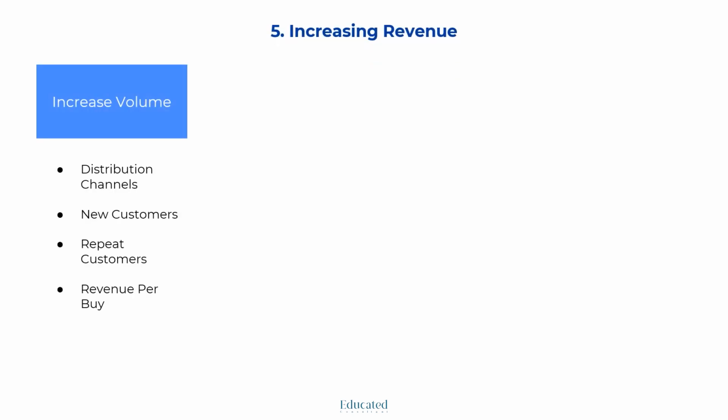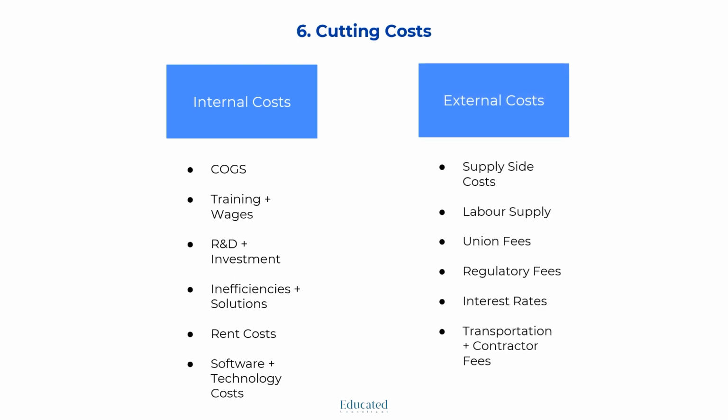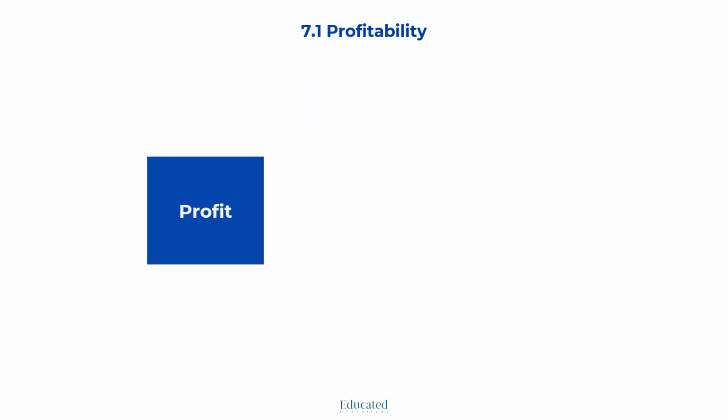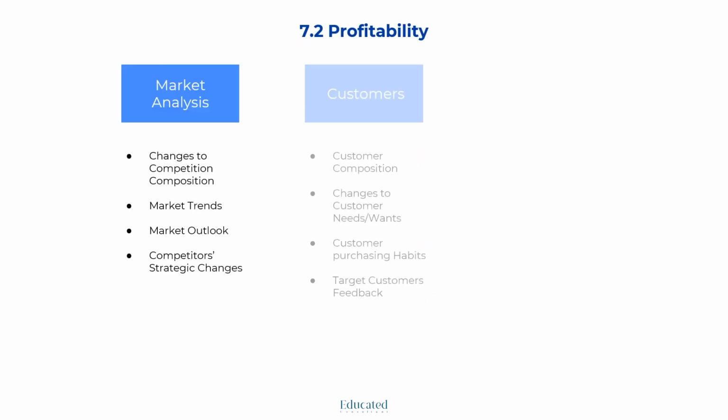Number 5 is increasing revenue. Number 6 is cutting costs. Number 7 is profitability. This is a continuation of the profitability framework.